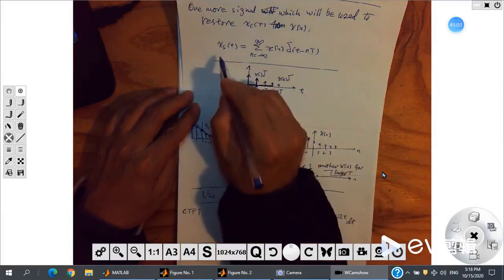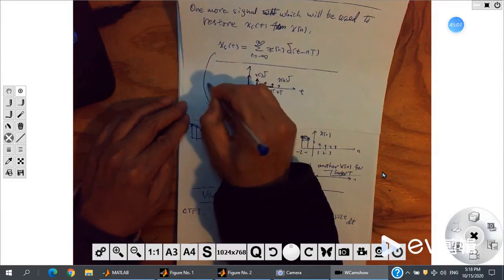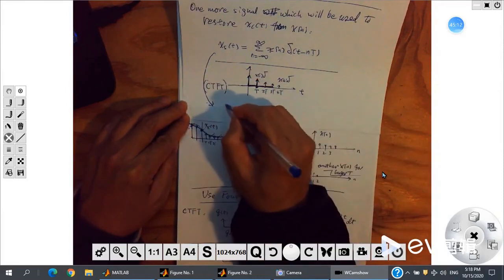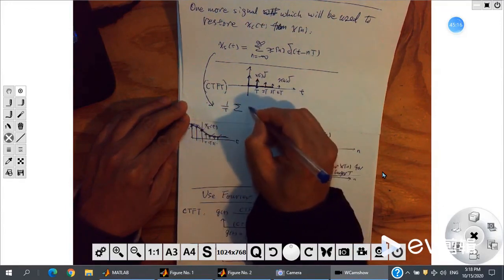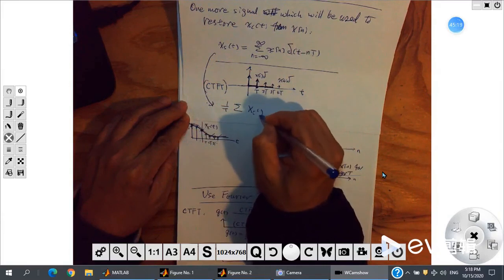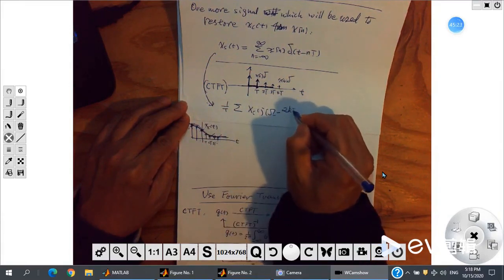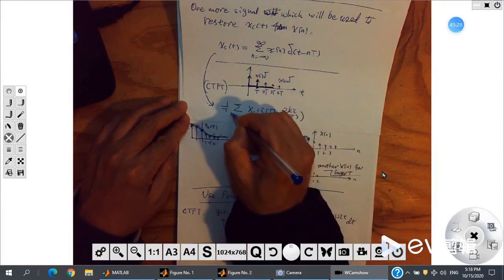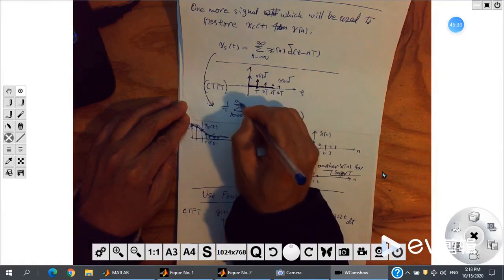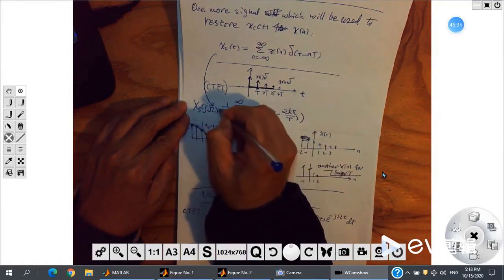For this xs, we perform the CTFT. We already have this formula: 1 over T times the summation of Xc of j omega minus 2k pi over T. Xs of j omega equals this one.